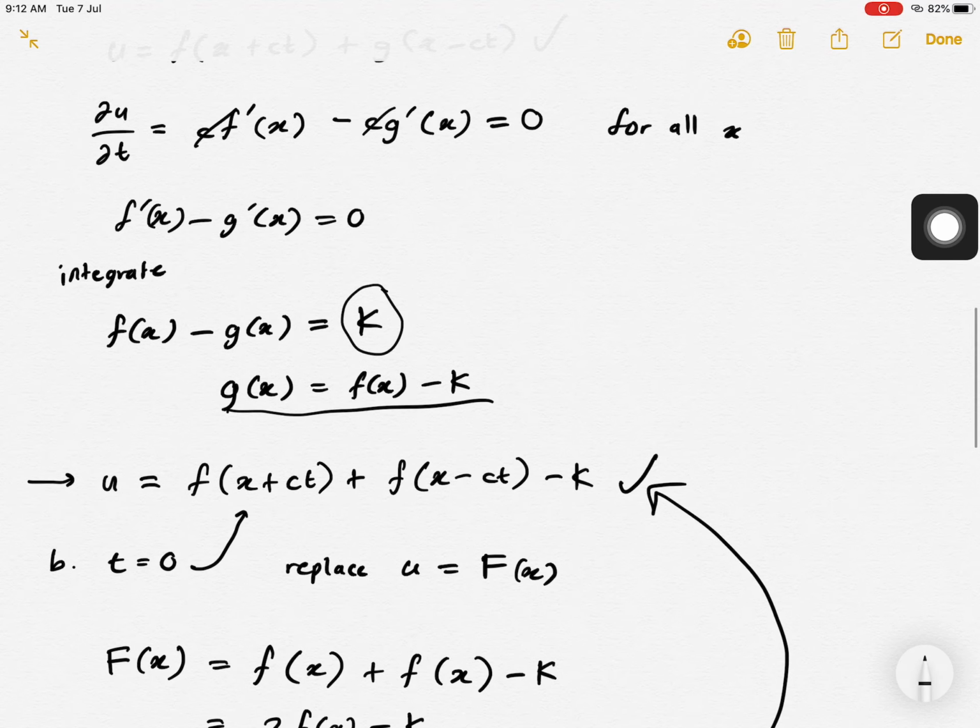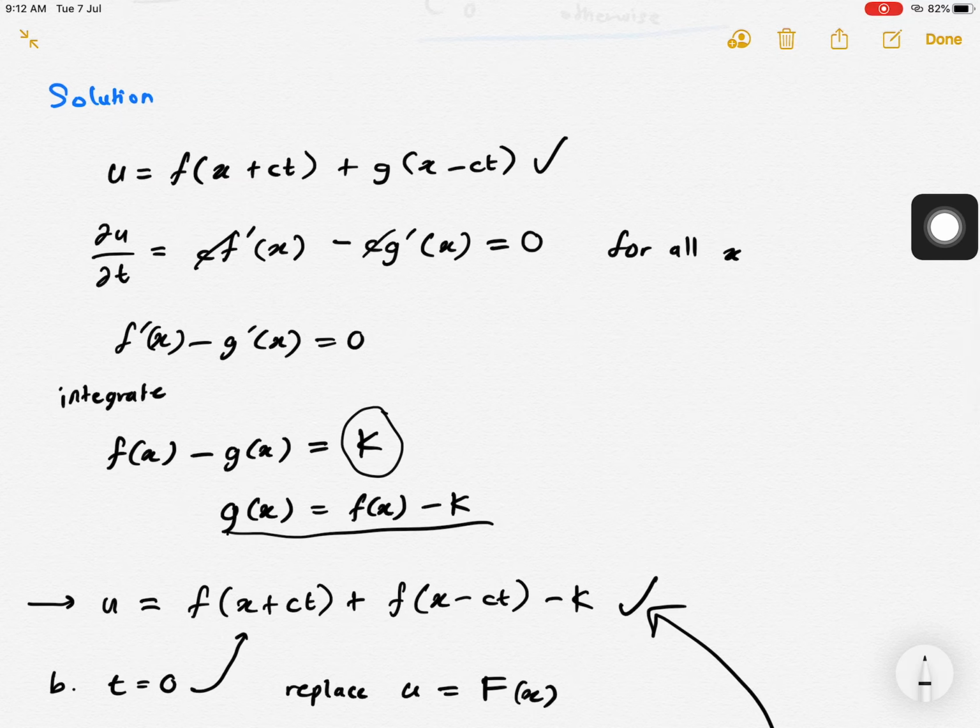Okay, but again, since when we go back to the original equation, we are no longer considering the boundary condition, therefore we have the x minus ct back. We don't only consider x, but we have x minus ct back.